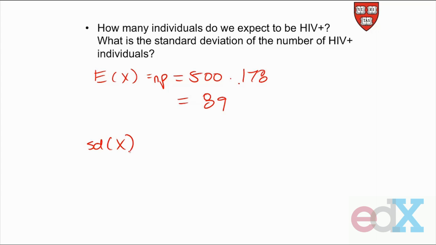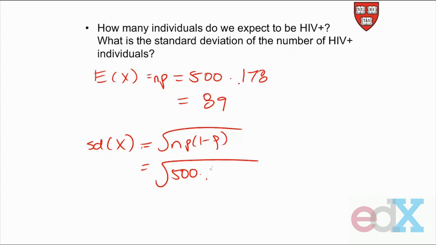Next, we want to know the standard deviation of x. It's equal to the square root of n times p times 1 minus p, which in this case is the square root of 500 times 0.178 times 1 minus 0.178. Plugging that into a calculator, we find that the standard deviation is about 8.55.